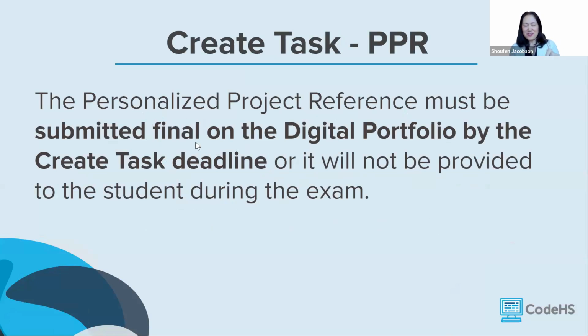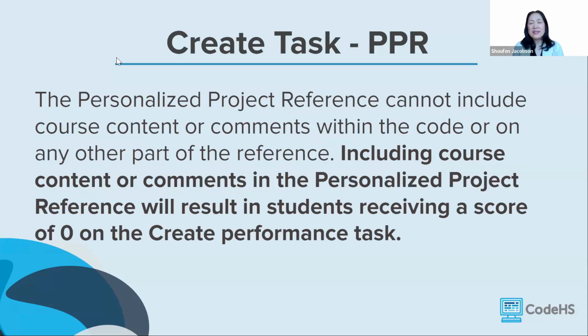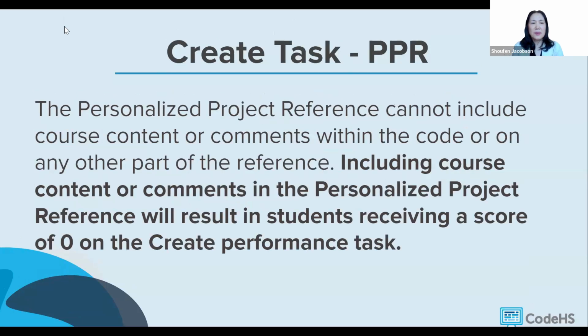There are many checkboxes, and until they hit final, you will see on your end a green check mark for each component. If one of them is not green, talk to the kids and say, hey, you didn't finalize it. Once they finalize it, we cannot change it unless you have a legitimate reason. Then you have to provide a reason and allow the kids to resubmit.